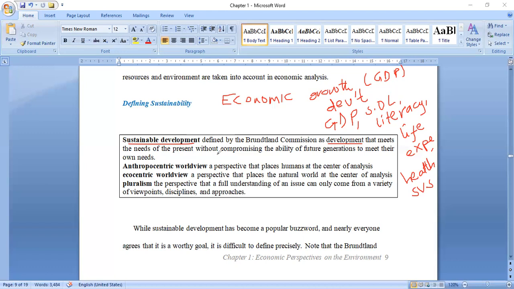It will not only look at the needs of today, but also the needs of the future. You're cutting a tree now, but how is it going to affect the future generation? Will they have a chance to look at these forests? Are we together? So I hope we are getting it.